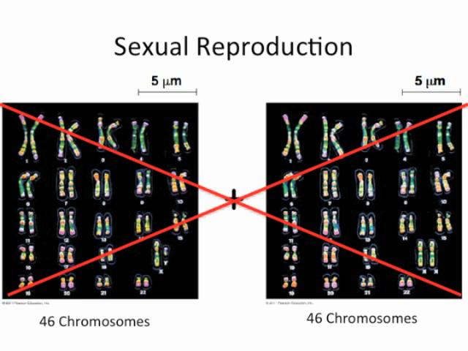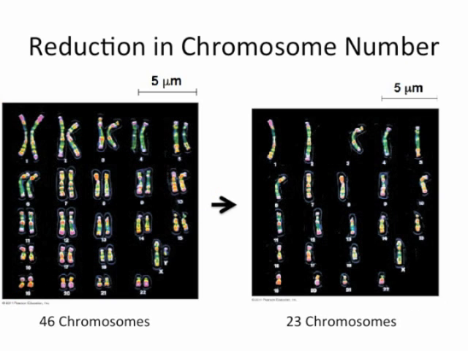Instead, you need to cut the number of chromosomes in half. You have 23 pairs of chromosomes. You need to make a cell that has 23 chromosomes in it, and your partner makes a cell that has 23 chromosomes. Then when your cells combine, they end up with a cell that has 23 pairs, so 46 total chromosomes.